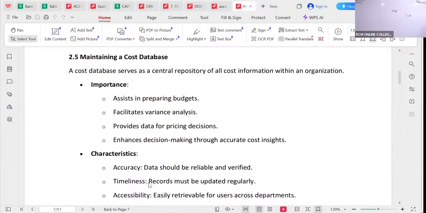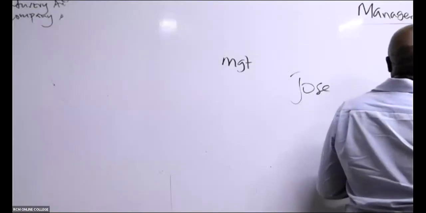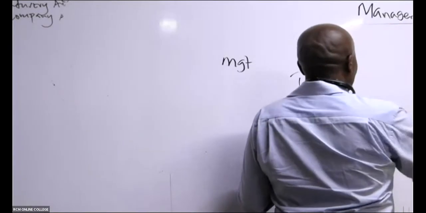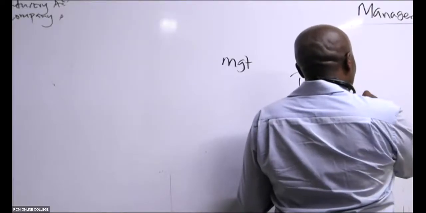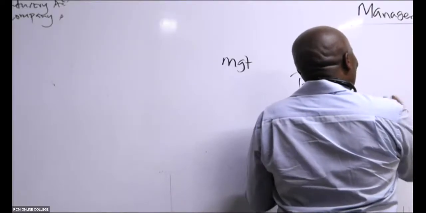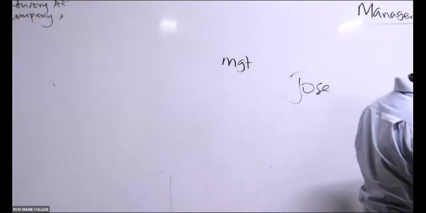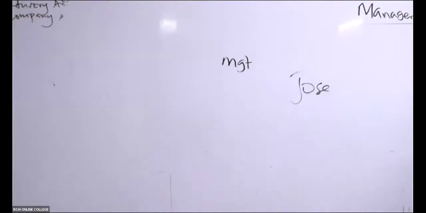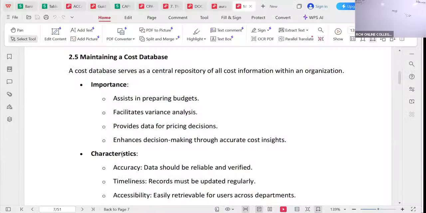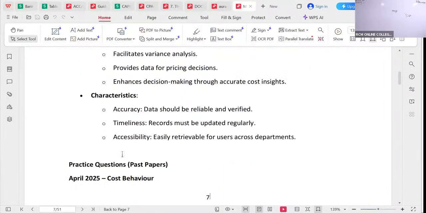It shall be able to give us information on time, so that when you query it, it should be able to return results on a timely basis. Otherwise, it will not be friendly to us in terms of making decisions. Accessibility: it should be easily retrievable for users across departments.